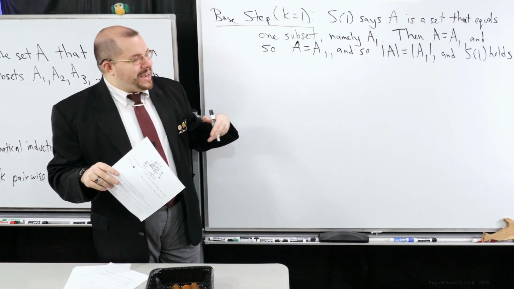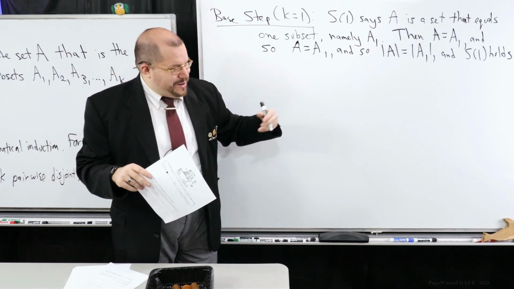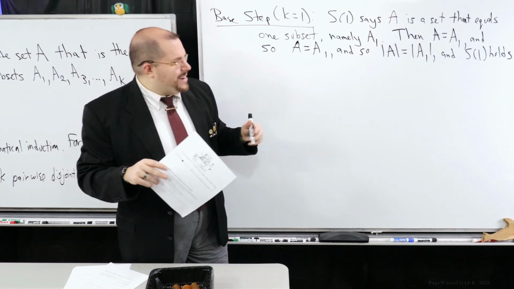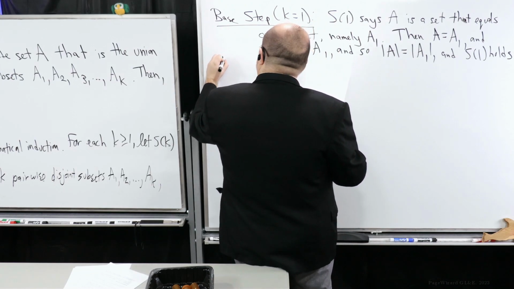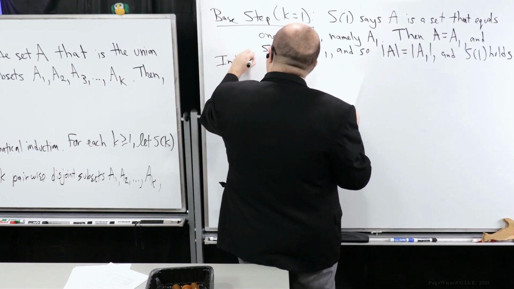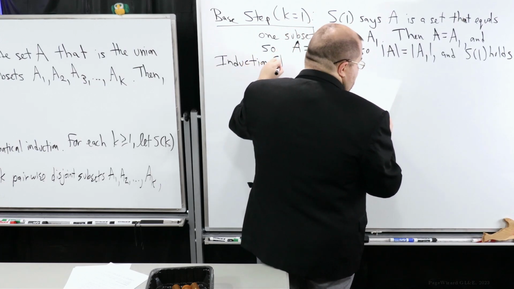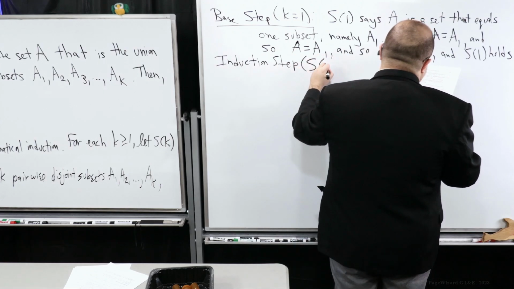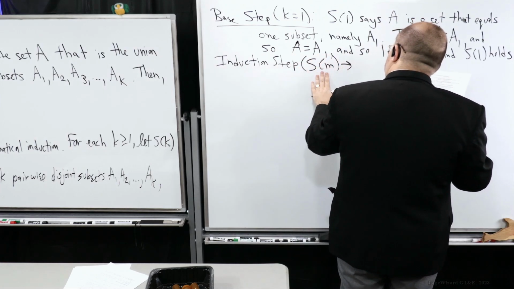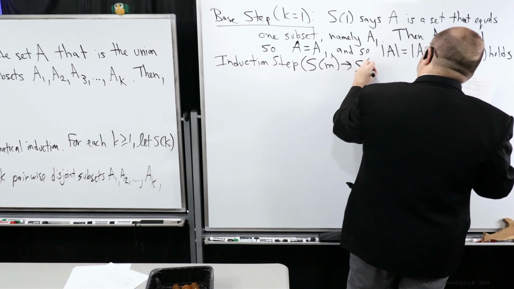Now we would like to go an extra step here. Namely, we want to do this inductively, right? So now we've got the more interesting part of this claim. Now we have the induction step. We're going to prove, given S of m, that S of m plus 1 follows.